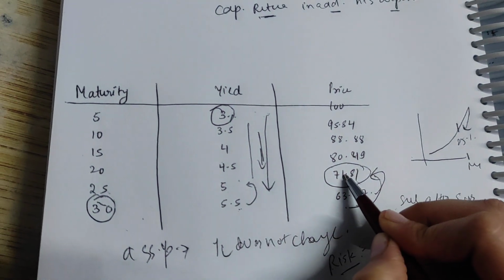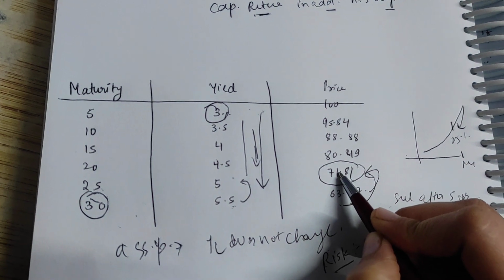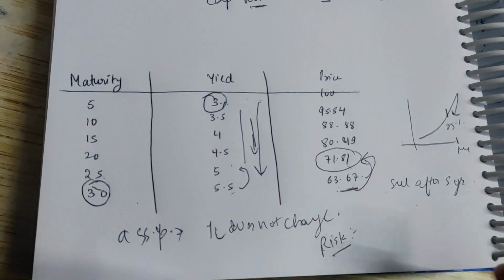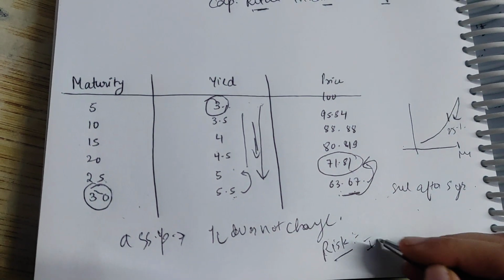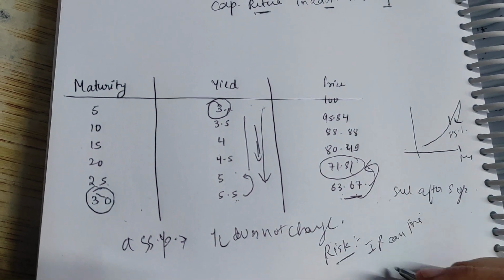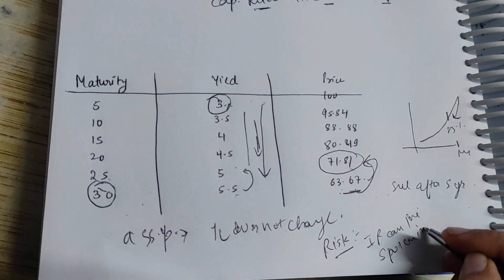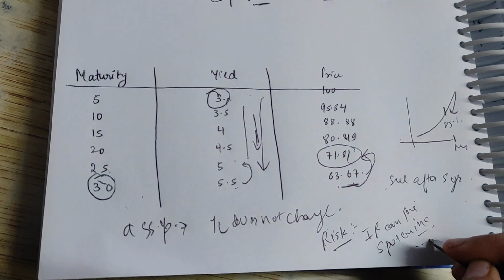Then the price would be less than 71.81, and obviously it could be even less than 63.67. So we have to keep in mind the risk that interest rates can increase, or we can say the spot curve can increase, and in that environment we will lose, right?